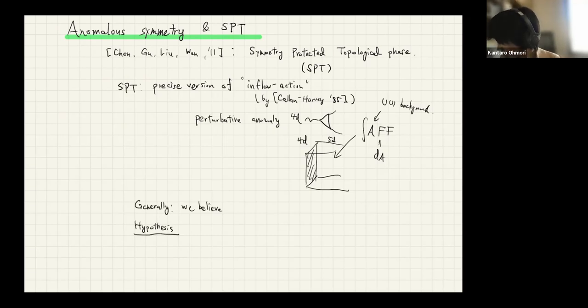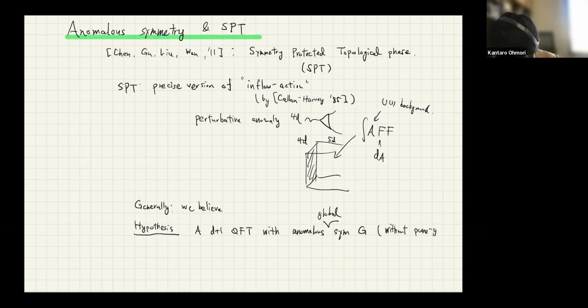That a D plus one dimensional QFT with anomaly of symmetry G, and let's assume that this is global, and here I assume without pure gravity anomaly.